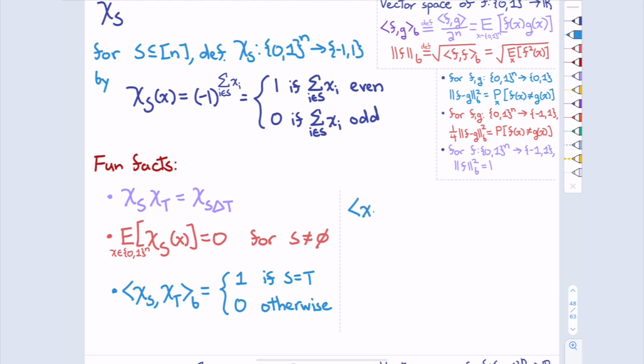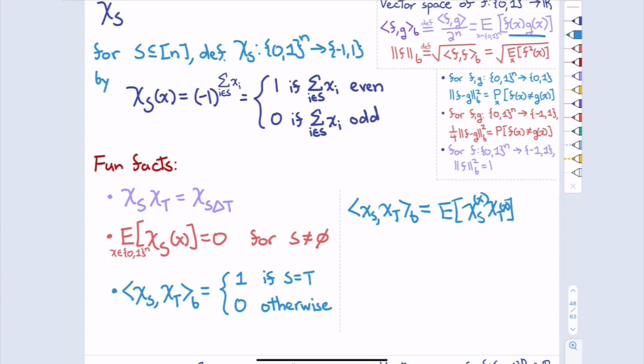Okay, so I'll start here. What might I do next? Maybe we can at least plug in this definition. This should be the expectation over x, where x is a random input.